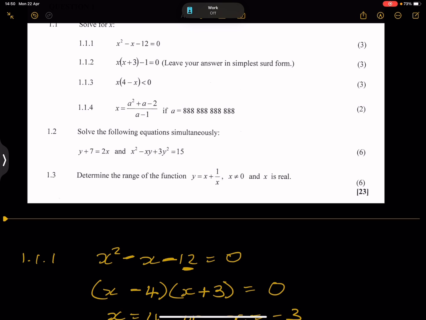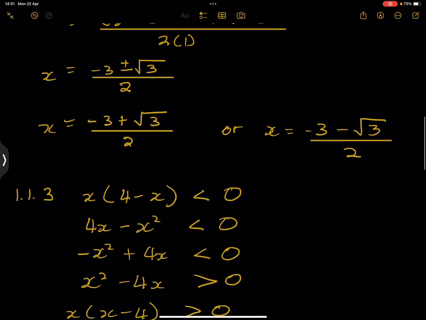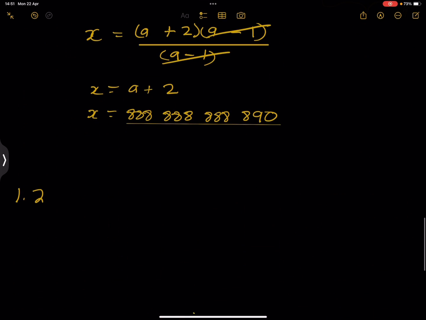So they ask us to solve the following equation simultaneously. We've got y plus 7 equal to 2x, and x squared minus xy plus 3y squared equal to 15. Right, so let's get on to that. So we've got y plus 7 equal to 2x.